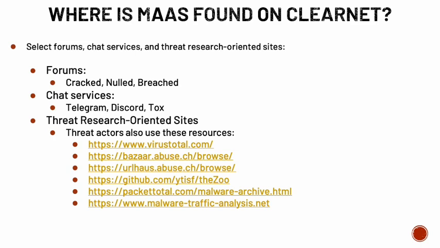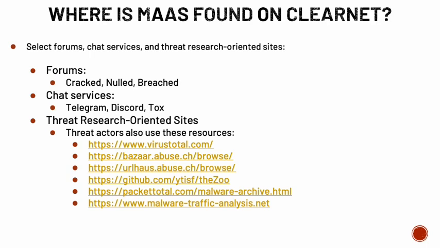In regards to where we can find malware or any threats that are in the wild, we can go to any of these threat research-oriented sites. Keep in mind that the threat actors also use these sites to perform their own research, download, analyze, and modify existing malware, and determine if a company or organization they recently compromised is aware of their malware.